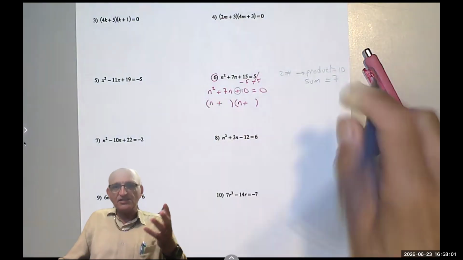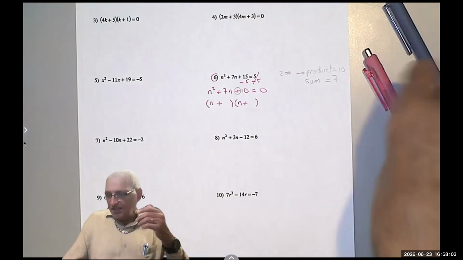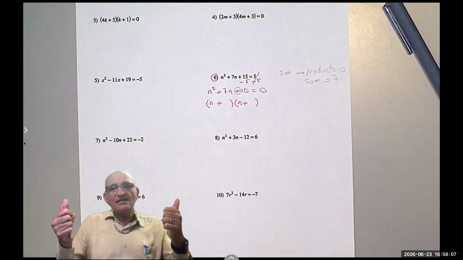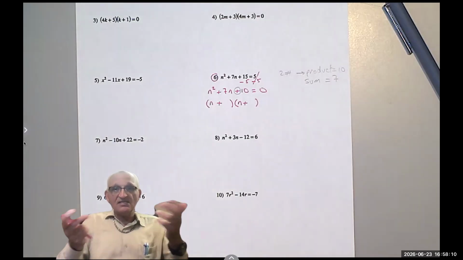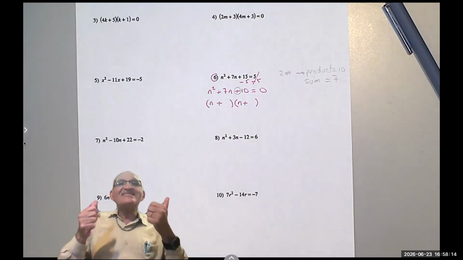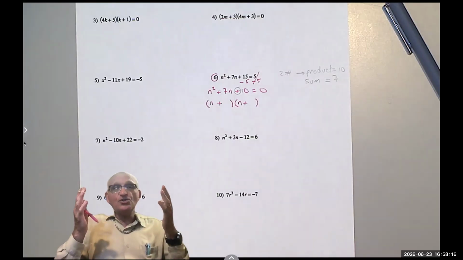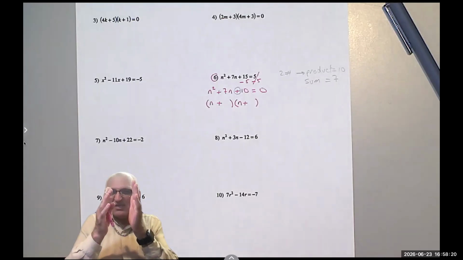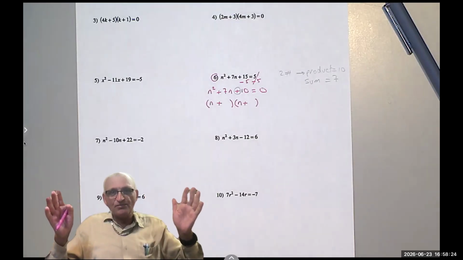That's easy. Pretty much everybody of you already got it. But we are saying the 10 can either be 1 and 10. 1 times 10 is 10, but their sum is 11. When the sum is larger than what you want, you bring the numbers closer to each other. If the sum is smaller than what you want, you move them apart from each other.